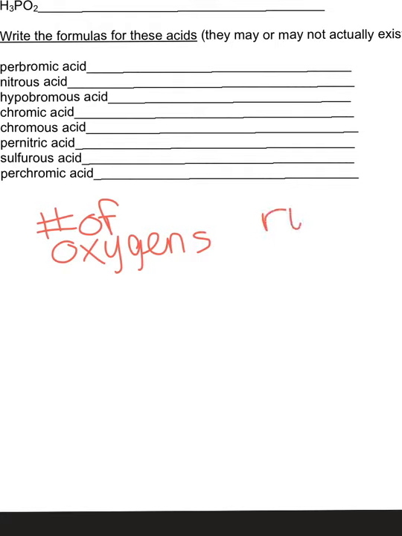All right, so what you're going to do, you're going to look at the number of oxygens that's in the formula itself. Okay, so that's one column. Number of oxygens. And then we have a rule that we're going to apply to it.